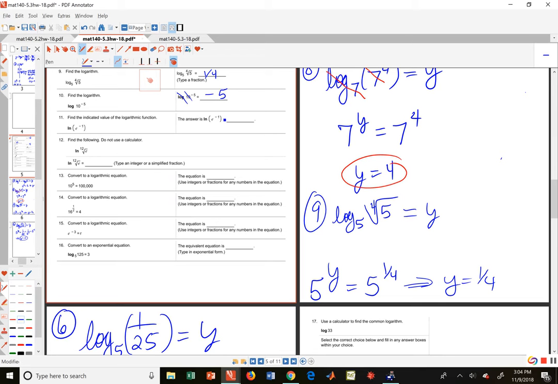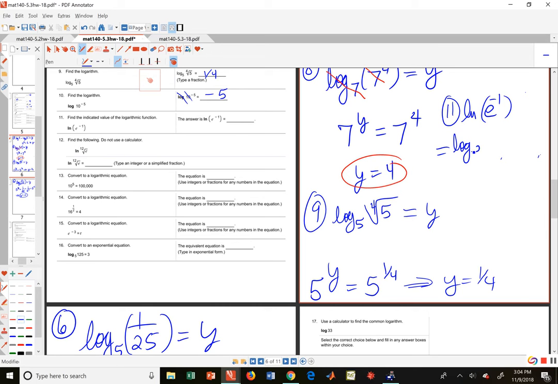The ln, I guess we should maybe do this example just because it's kind of different. When you see ln of something, that is actually not the common logarithm, but that's the natural logarithm. Now, the natural logarithm has a base of e. So, again, we're saying this logarithm is y.